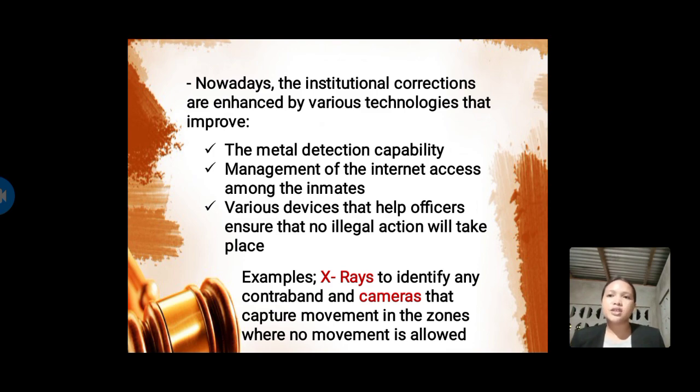Technologies nowadays are very important and useful for our institutional corrections.